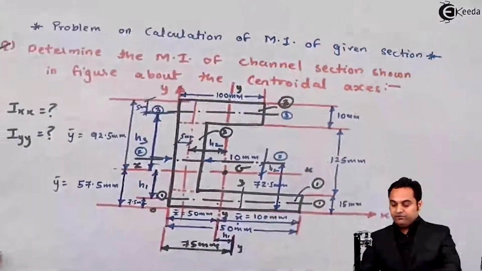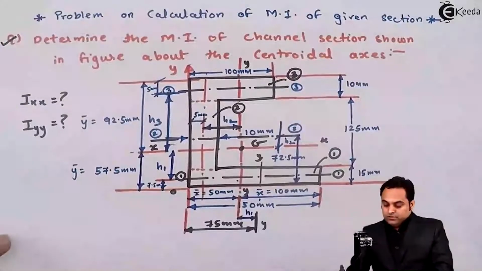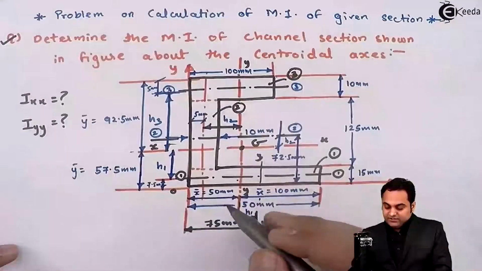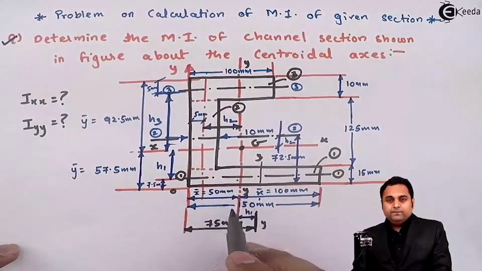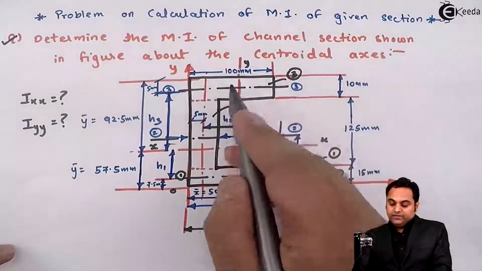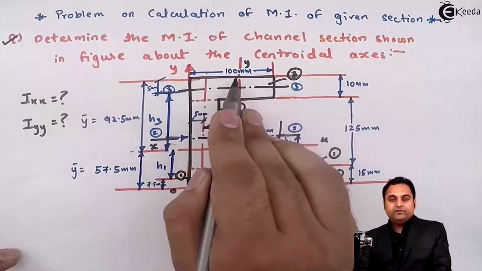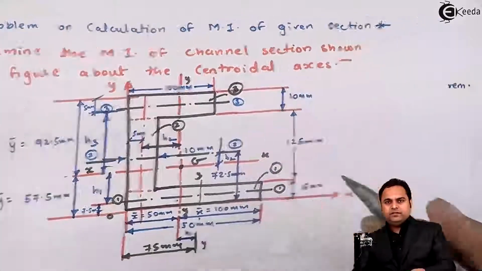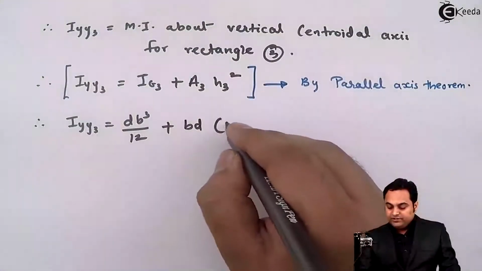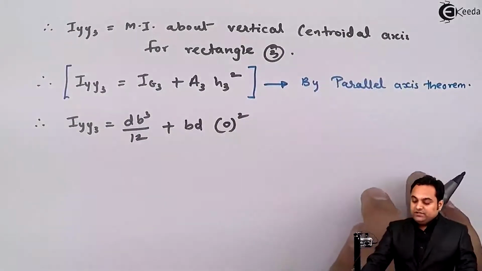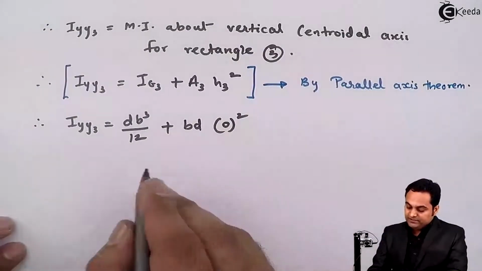Now if we look into this, the y-axis for the complete section is at 50 mm from the left hand side, and similarly the y-axis for rectangle number 3 will also be at half of 100, that is 50 mm. And since both the y-axes are passing through the same line, there is no distance, so h3 becomes 0. So once h3 is 0, there is no need of the parallel axis theorem.